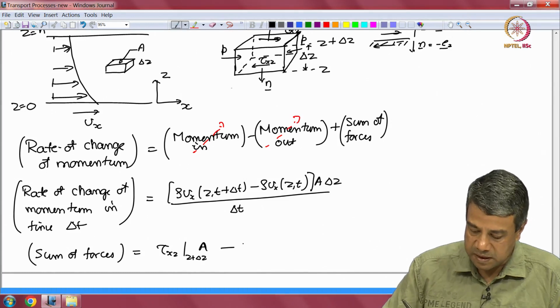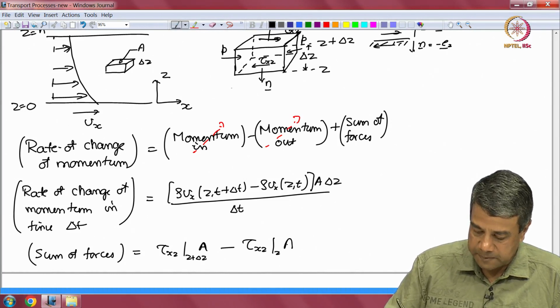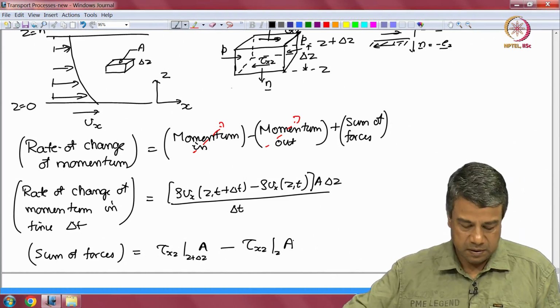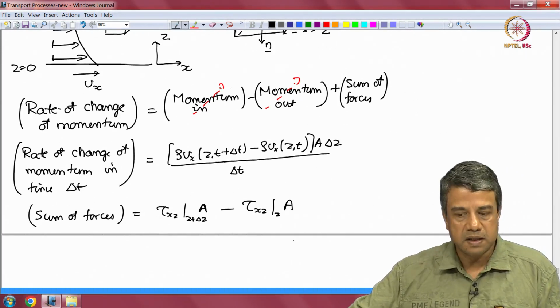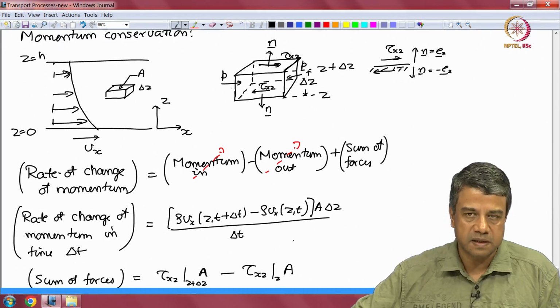So, the force is in the minus x direction: minus tau x z at z times A. These are the surface forces exerted at the surface at z and the surface at z plus delta z due to the shear stress.